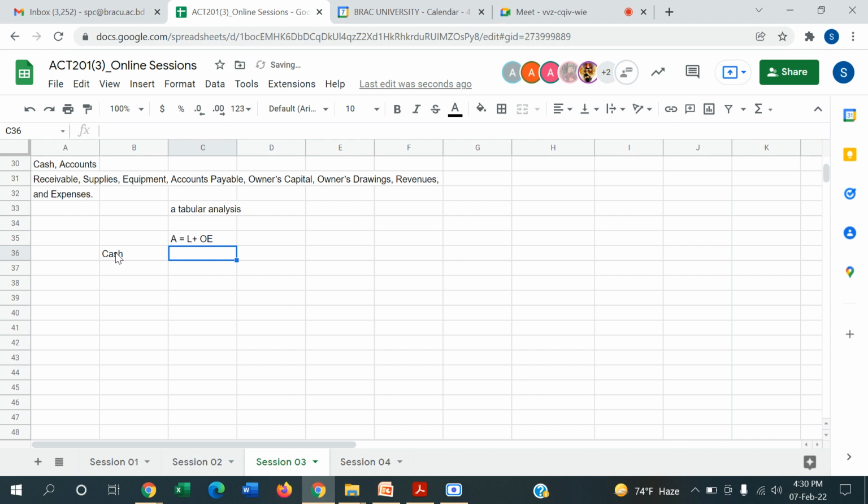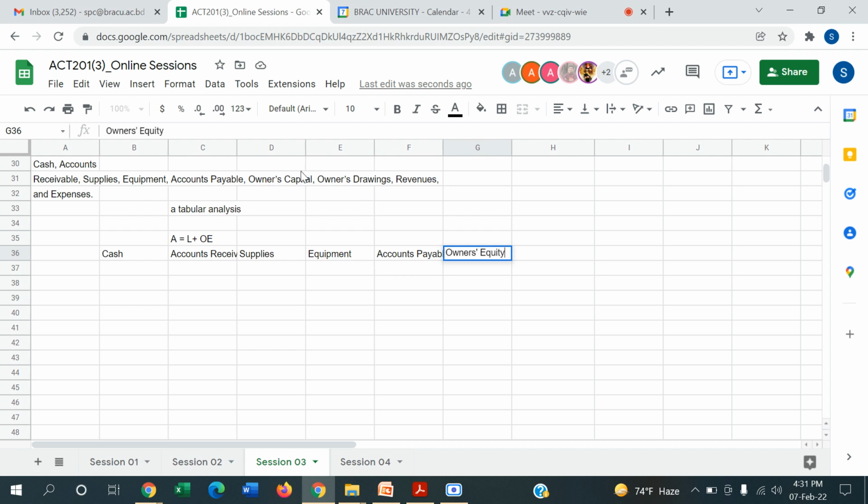So cash, accounts receivable, supplies, equipment, accounts payable, and we'll write down owner's equity.